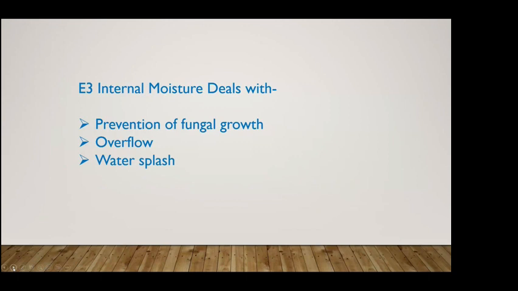E3, not really core plumbing stuff, but there's probably a few things like these that are relevant potentially, and obviously if they go wrong, you can't say I didn't know about it. You're actually supposed to preemptively find out about it. So prevention of fungal growth, overflow requirements, water splash protection.